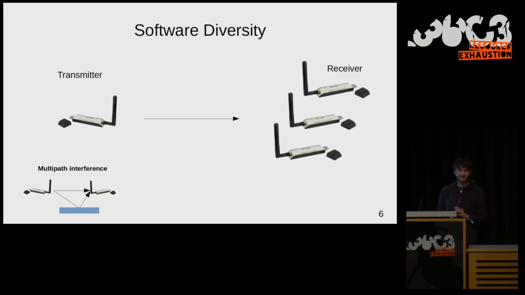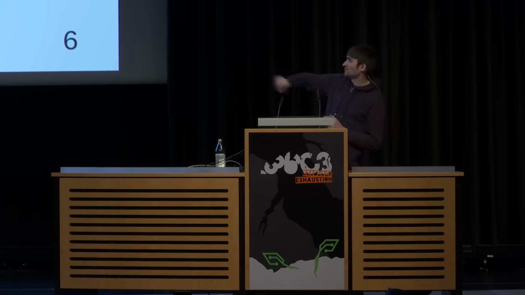And it's simply pure chance whether you will get a constructive or a destructive interference. And by placing several receivers at different locations, you basically can twist a bit the shape of this triangle here. And this basically helps you to get a better chance that at least one of the receivers will not suffer from destructive interference. And actually, in reality, this really helps a lot.